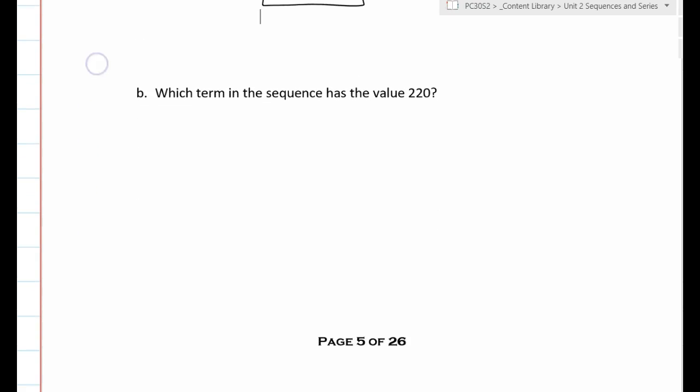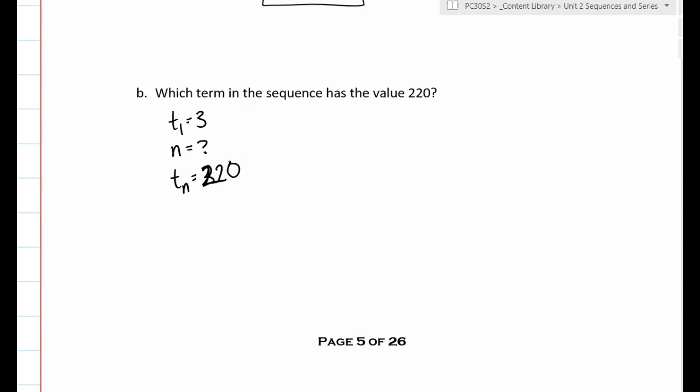Which term in the sequence has the value 220? Well, that's a little bit more tricky. So we're starting at term 1 is 3. We don't know which term it is. But we know that whatever term it is, it actually has 220 as the value of it.